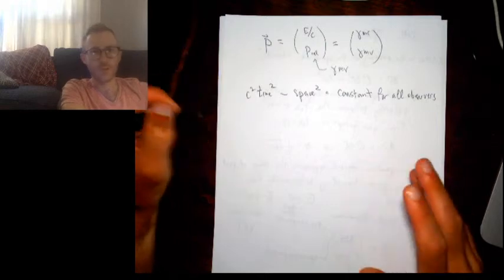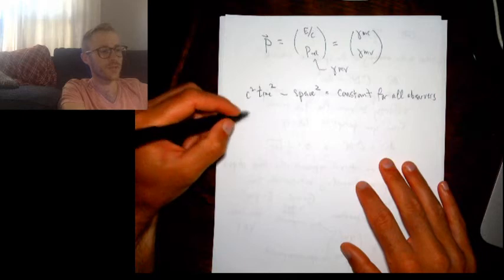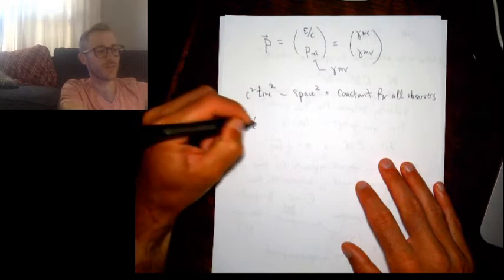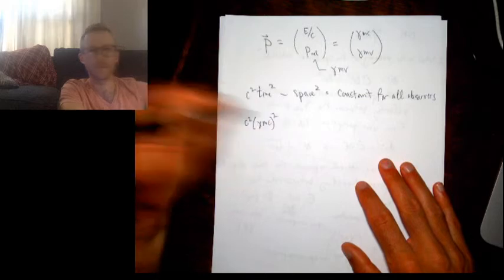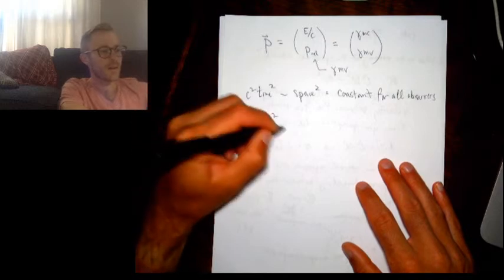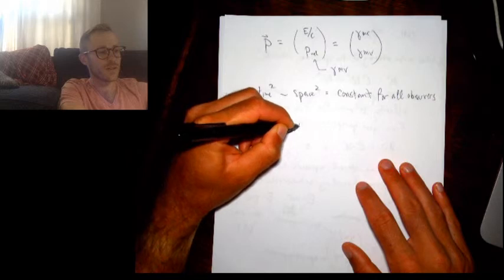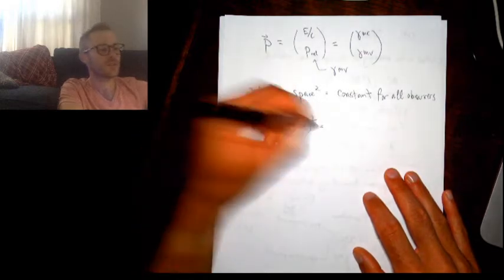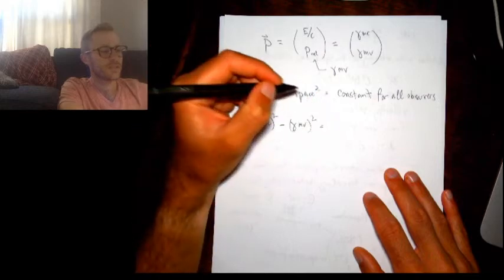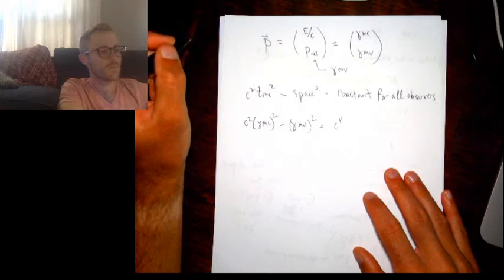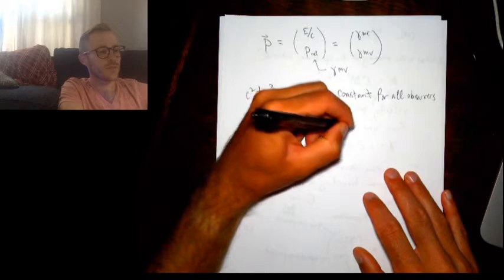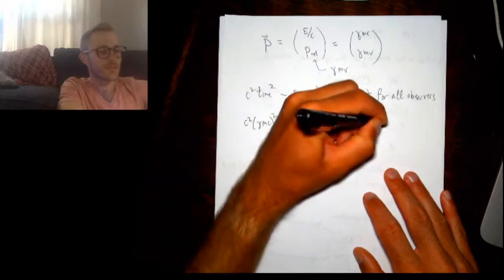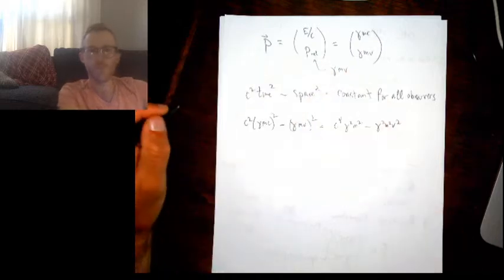So let's see what is the time component squared minus the space component squared for momentum. So I have c squared times the time component squared, which is gamma mc, that quantity squared, minus the space component squared, gamma mv quantity squared. So we're going to get c to the fourth gamma squared m squared, that's the first term, minus gamma squared m squared v squared.